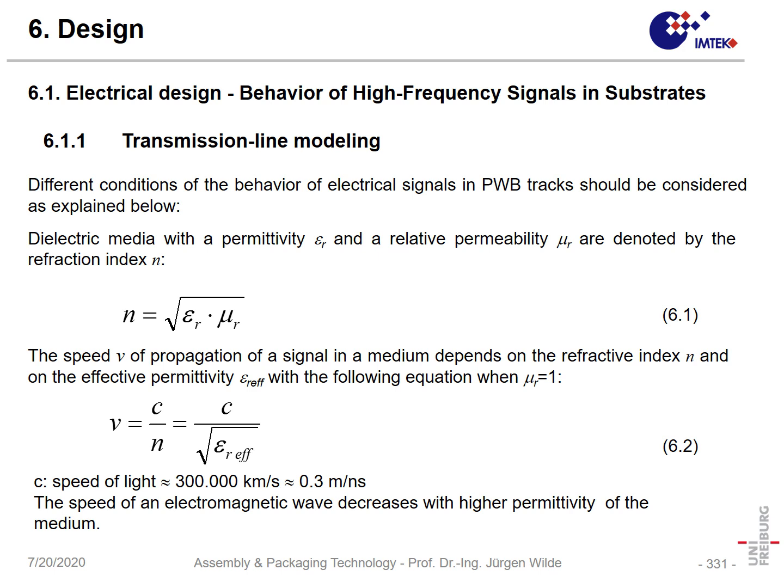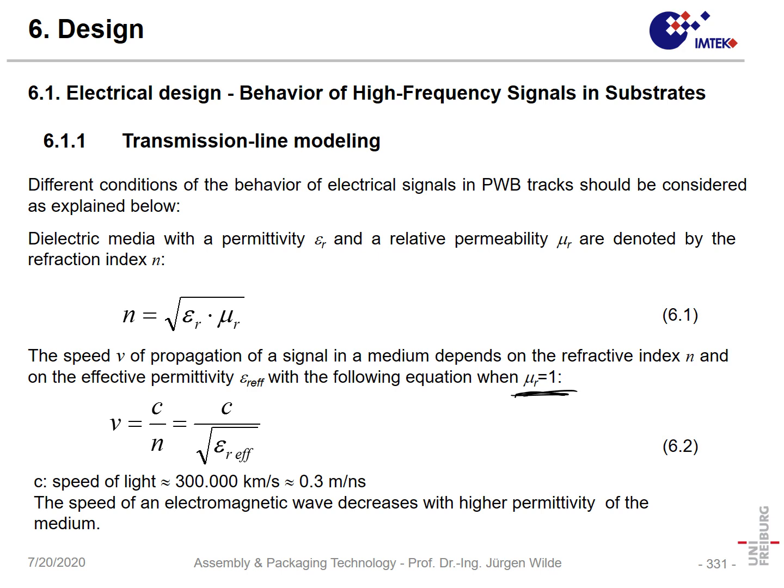And typically you can say the speed of an electromagnetic wave is the speed of light divided by that refractive index. So you could say the speed of a signal is the speed of light divided by the square root of the relative permittivity when, as in most assembly cases, the permeability is 1.